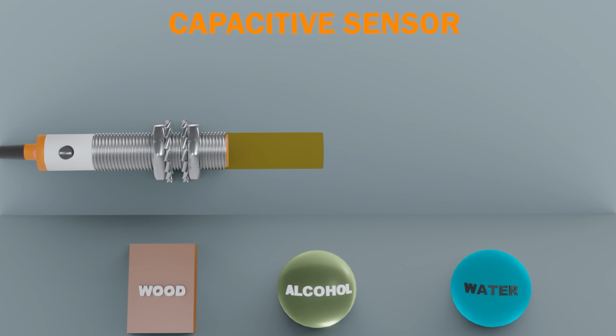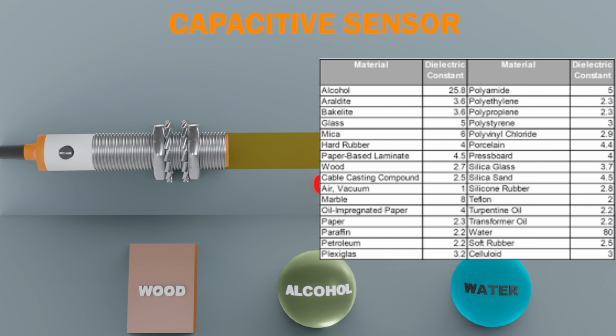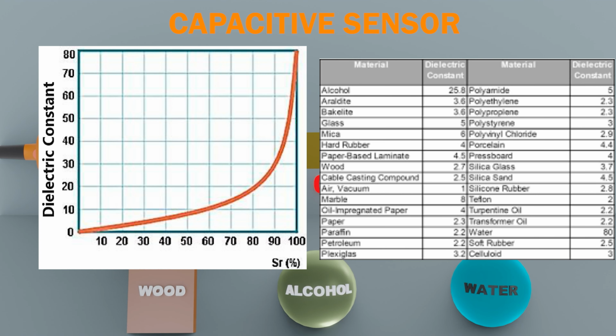Well, now the capacitive sensor. These are governed by a general table of dielectric constants, and also a graph that represents the dielectric constant of an object versus the ability of the sensor to detect the material based on the nominal sensing distance, called SR. We have 3 materials.